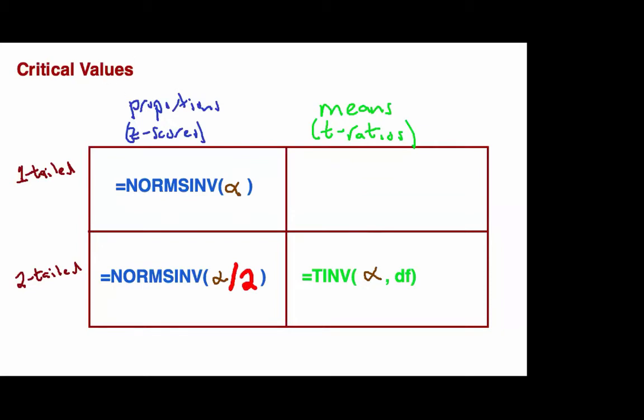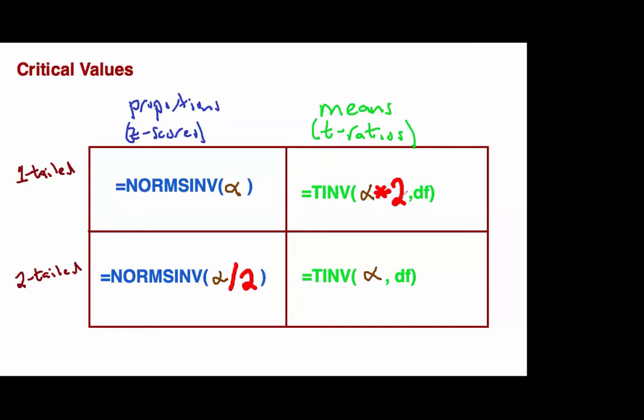So if I say equals T.INV of, in this case, alpha times 2, with the df, alpha times 2 will actually give us the desired result here.